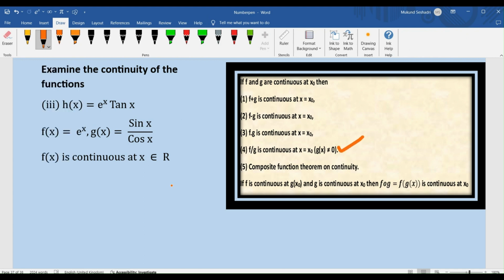So f by g is continuous at x equal to x naught, provided g of x is not equal to 0.